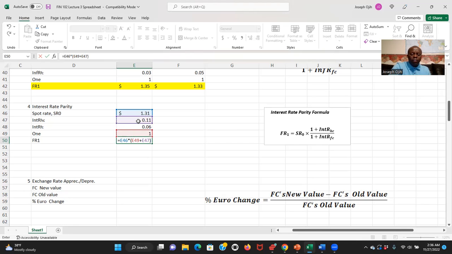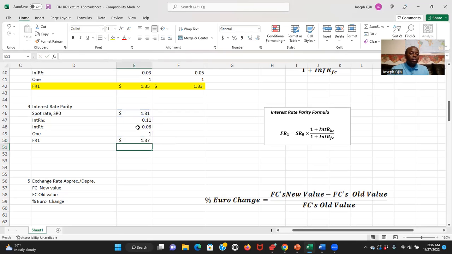Close parentheses, then division in Excel is a slash, parentheses, 1 plus the interest rate in the foreign country, then close the parentheses. When you press the enter key, it gives you the answer right away, $1.37.